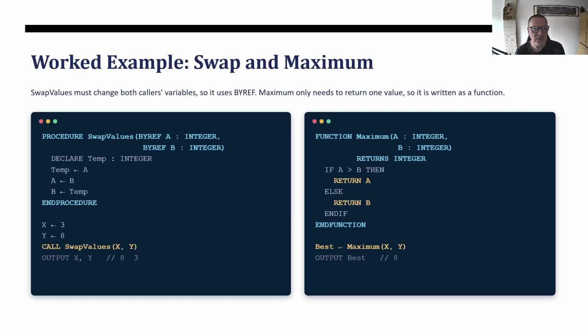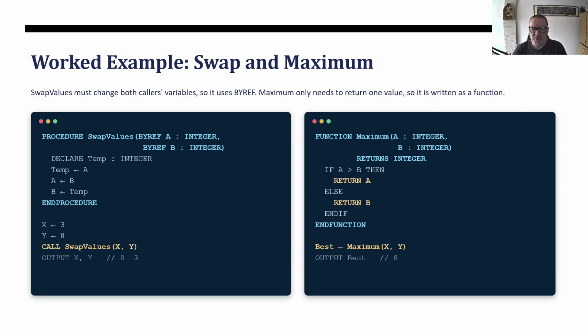So 3 goes into the parameter called a, 8 goes into the parameter called b. And in fact, because we said byref, what we get is a link to the original. So effectively a is x and b is y. So when we update a and b inside our procedure, what we're really doing is updating x and y. So after our call to the procedure, the values in x and y are now swapped round. So y has become 3 and x has become 8.